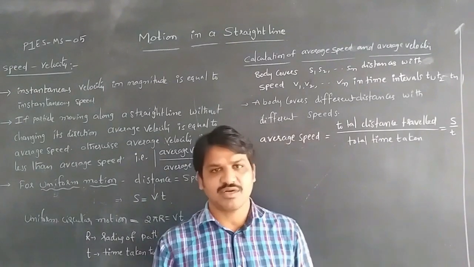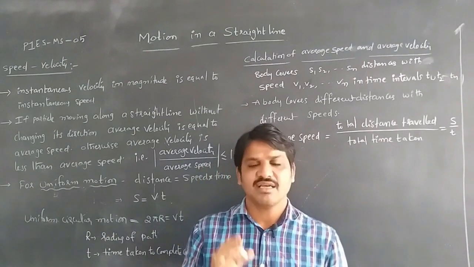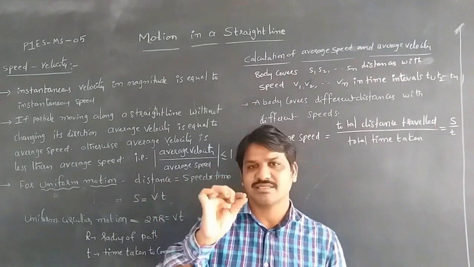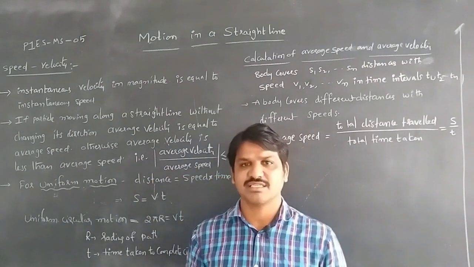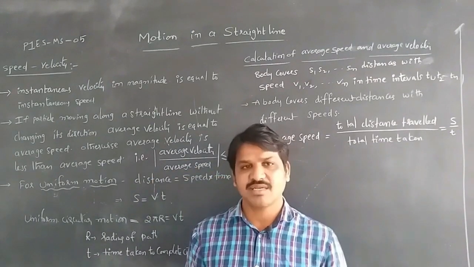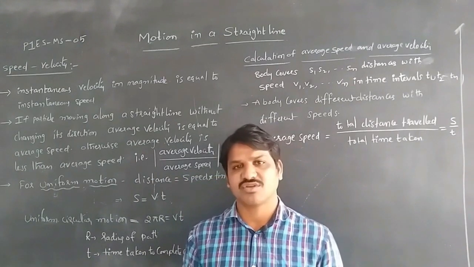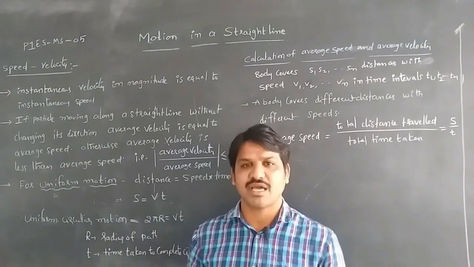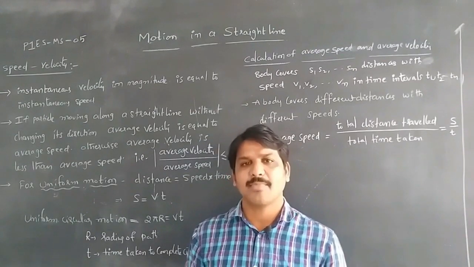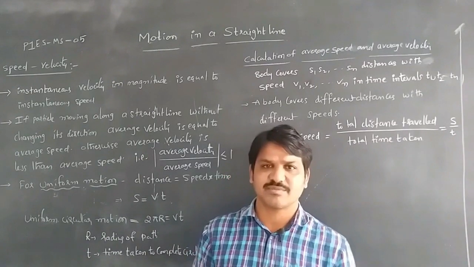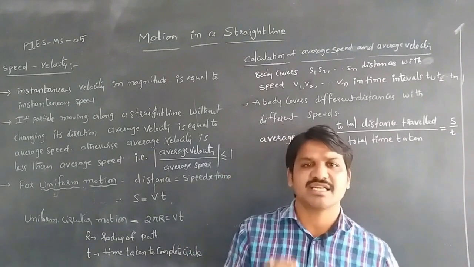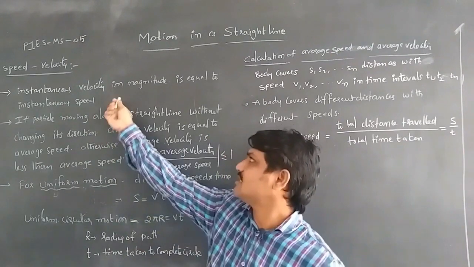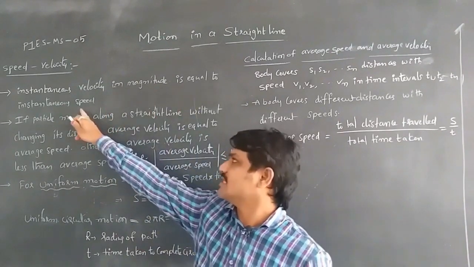When the body is moving along a straight line, distance is equal to displacement, and the average speed and average velocity are also equal in magnitude.